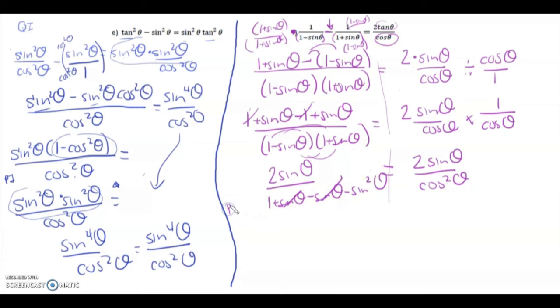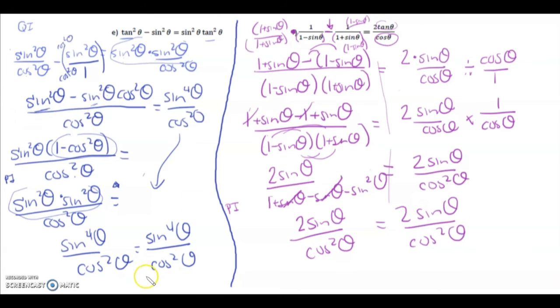I'm going to sub in Pythagorean's identity. So I get 2 sine theta over, instead of 1 minus sine squared, I'm going to put cos squared theta. And now left side equals right side. So for both of those, we can put left side equals right side.